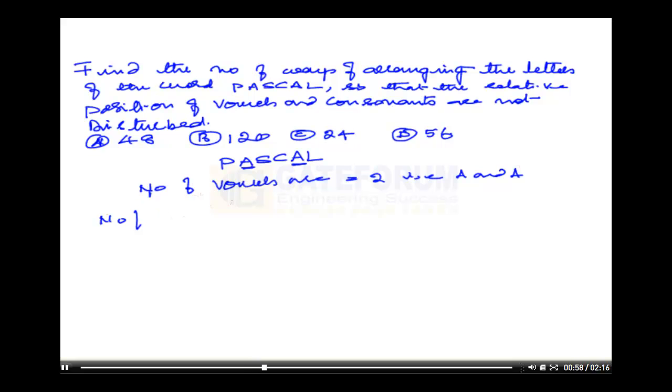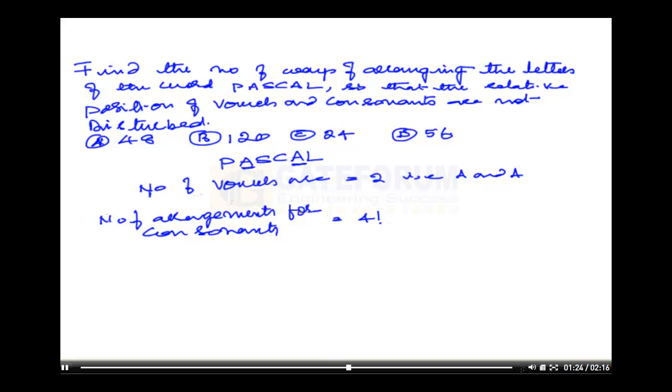Hence the number of arrangements for consonants is equivalent to 4 factorial, meaning 4 factorial in 4 places, and vowels can be arranged in the place of vowels.